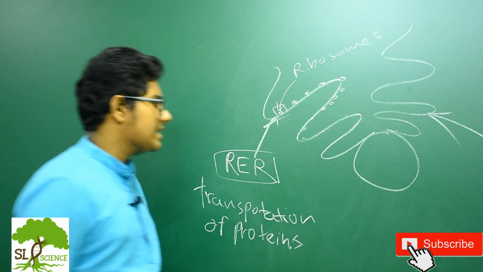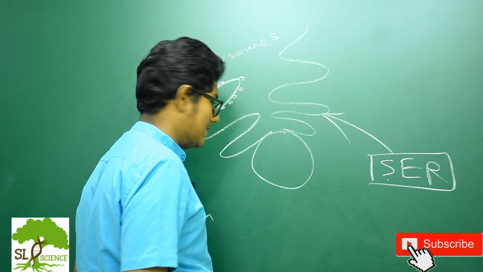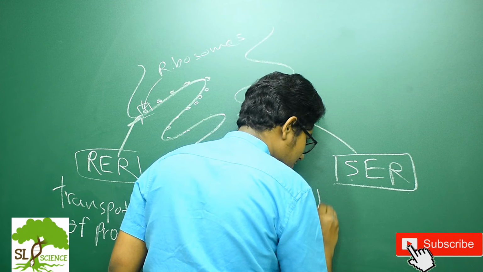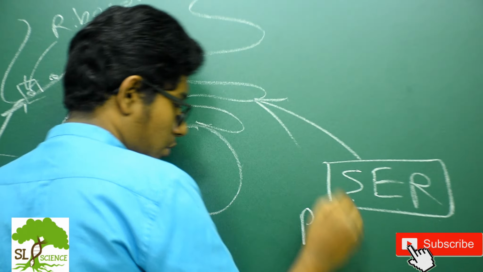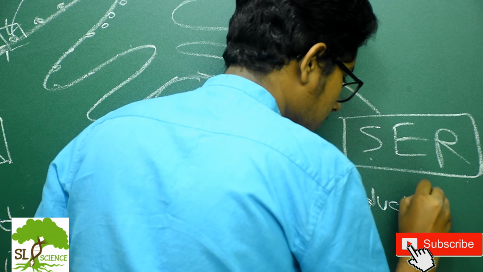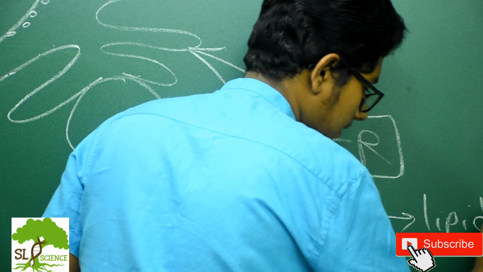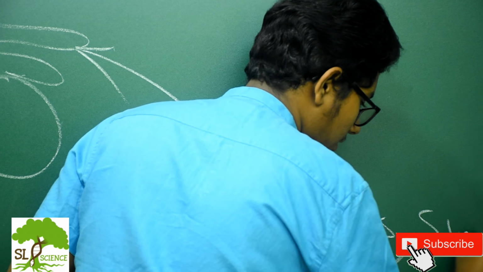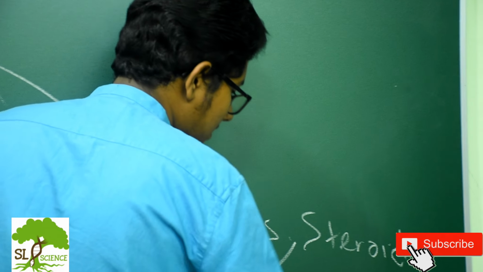And we will go to the SER. The main function of the SER, the smooth endoplasmic reticulum, is production. So no ribosomes, no proteins. This is a production unit, production of lipids and also steroids, some kind of lipid.